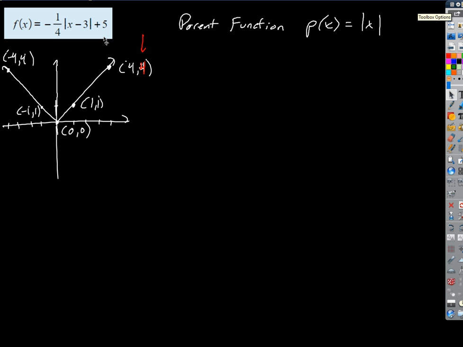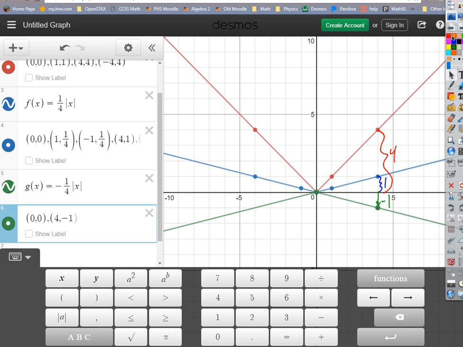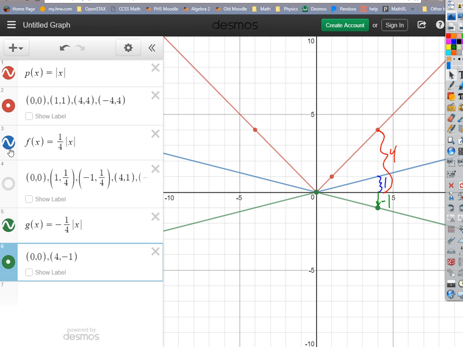Okay. What are we doing if we're subtracting 3 from x, from the input? Going right by 3, right? So we could do this in discrete steps then. Let's go ahead and get rid of this, we don't really need it anymore. But if I start with the green one here, now if I want to take that green function and translate it, all I'd really have to do, let's call this h of x, I guess.